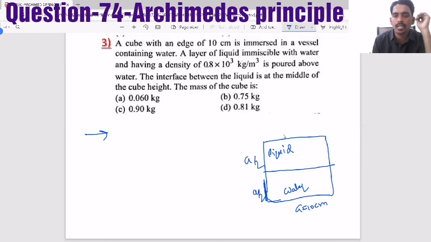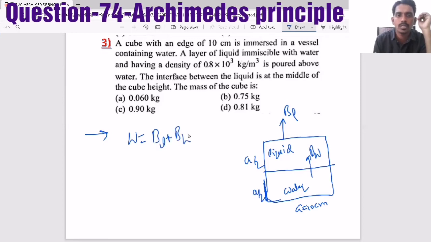That means now how many buoyancy forces will act? One is due to the liquid, another is due to water. So the weight of the body will be balanced by B liquid plus B water.